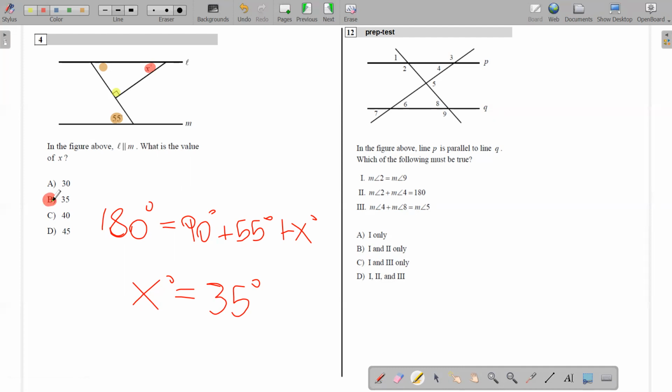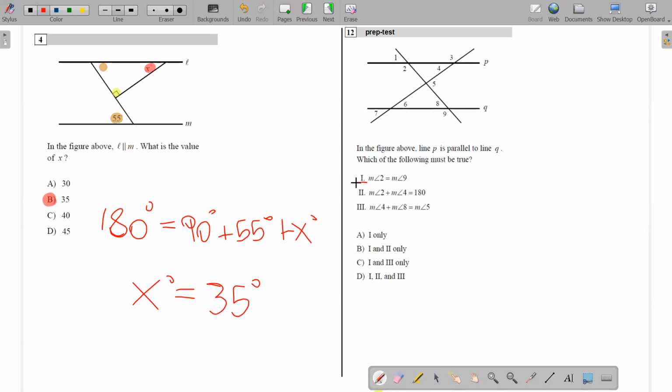Let's take a look at question number 12 from the preparation test. In the figure above, line P is parallel to line Q. Again, two parallel lines. Which of the following must be true? So now we have three statements. Let's analyze each of them.